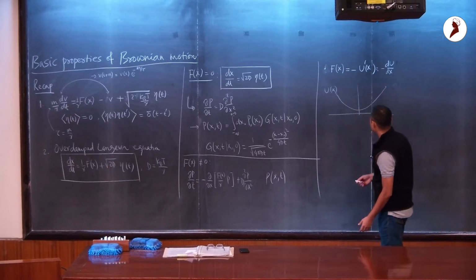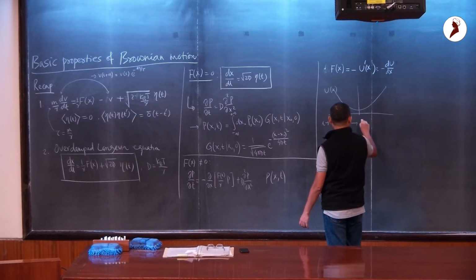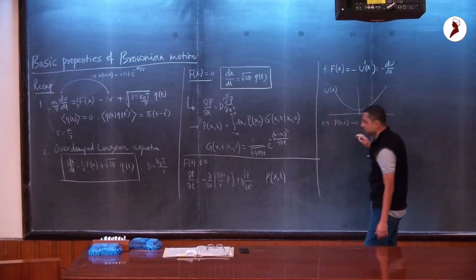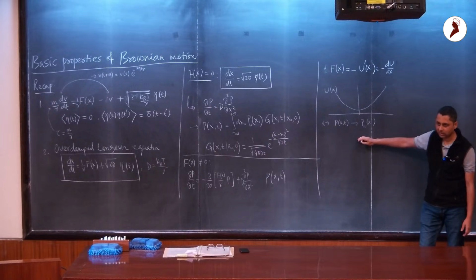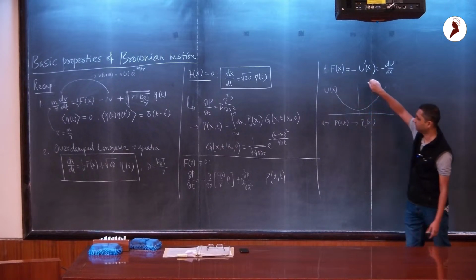We are saying that as t goes to infinity, p of x,t goes to some p steady state of x. It becomes independent of t. And what is this p of x? We want to find out, for f of x which is given by this.